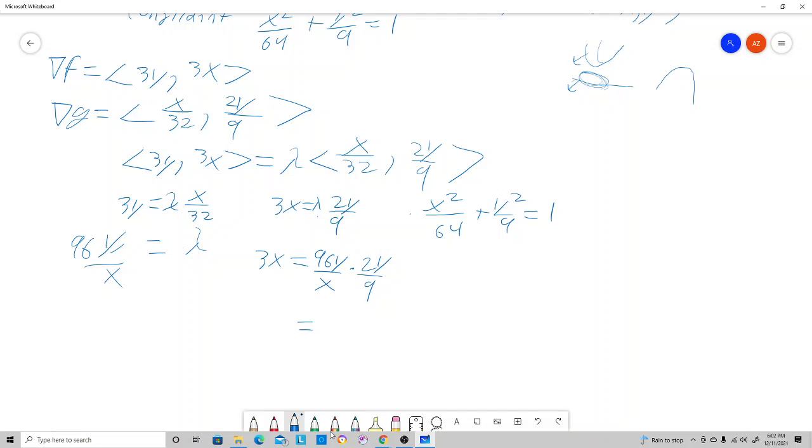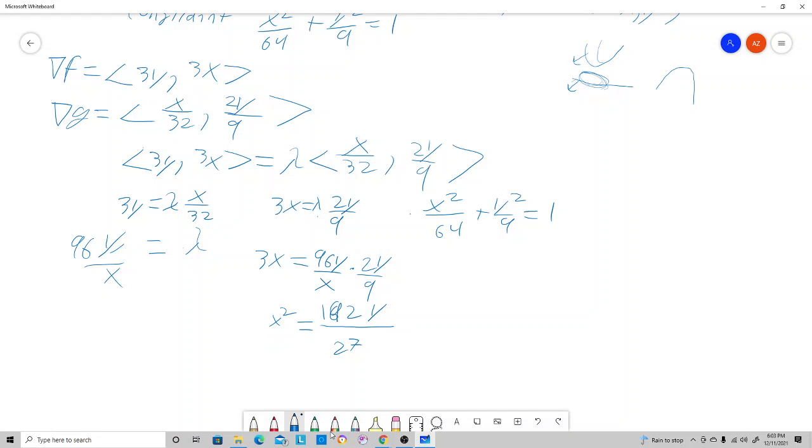So let's take this x and put it here. So we have x squared, and then this is 90. Oh, so let's change it to 192. 192y, and then this 3 came down here. This became a 27.